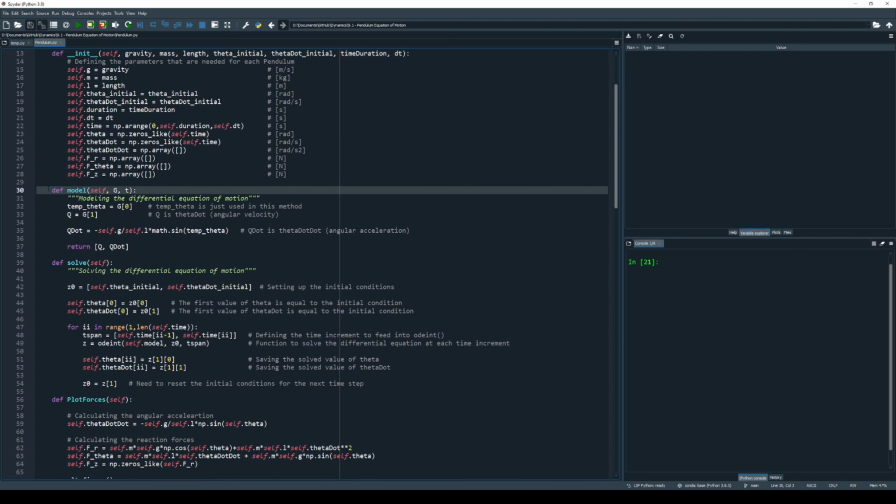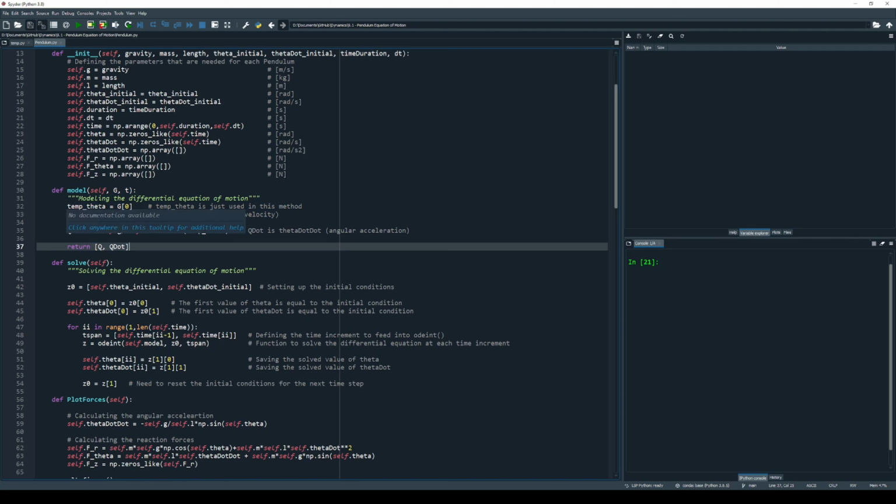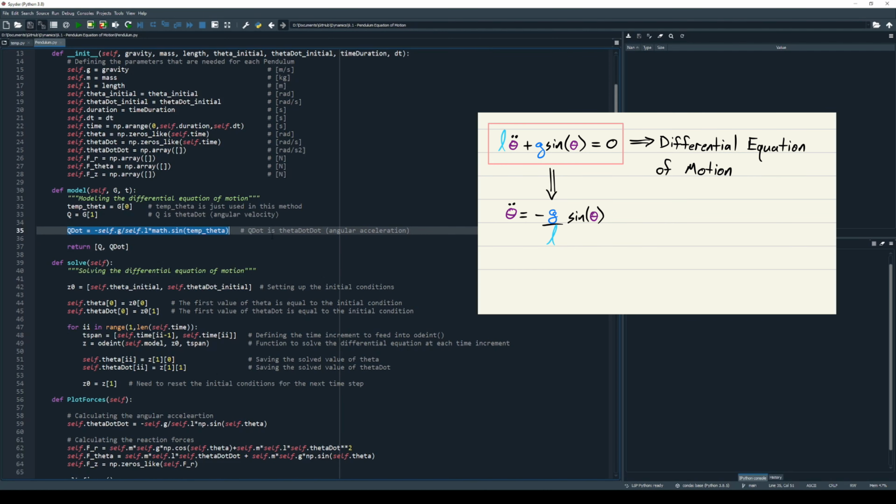Right here is the model that is solved, and this is the differential equation of motion that we solved for already, where Q is theta dot, so Q dot is theta double dot. So theta double dot is equal to negative gravity divided by L times sine of theta, right? That's just solving for theta double dot from our differential equation of motion we already found.